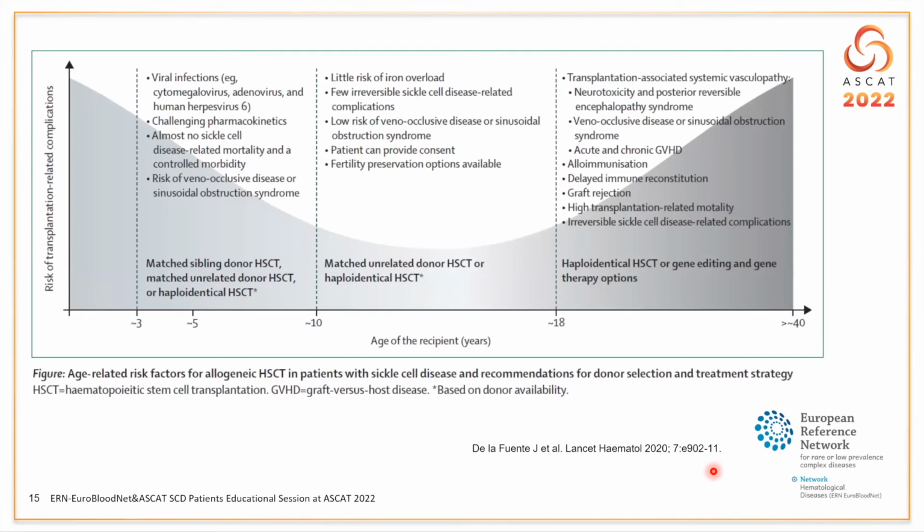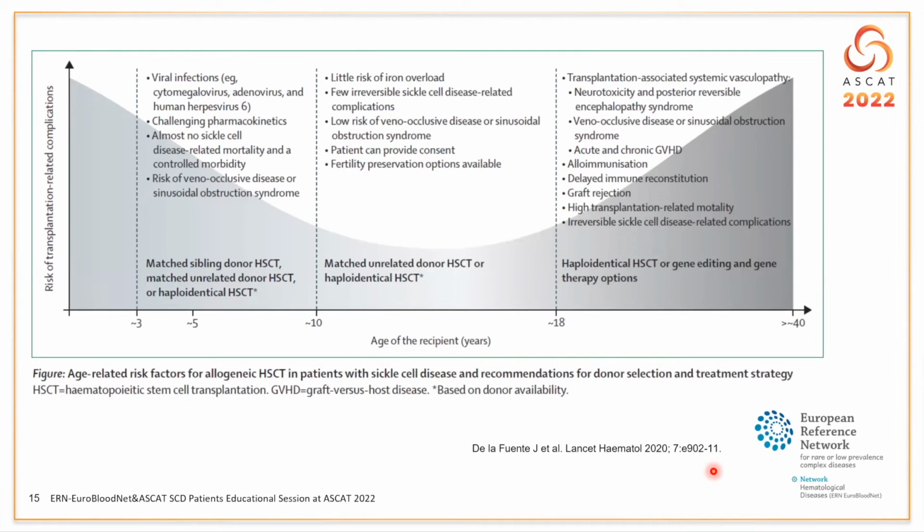So this is my last slide. Allogeneic stem cell transplantation is a procedure that is effective in curing patients affected by sickle cell anemia. Currently we have different strategies.